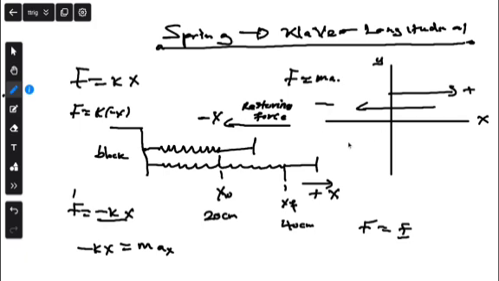So making ax, which is acceleration, the subject of the formula, I'm going to have ax equal to negative, open bracket, k divided by m, multiplied by x. You're going to understand why I've separated this one and put it inside the brackets. Otherwise, it's the same as saying kx divided by m.